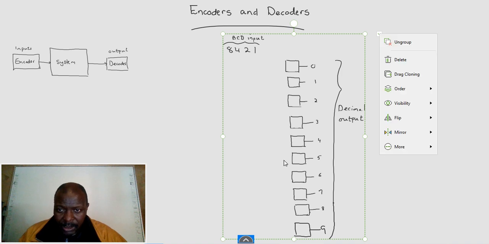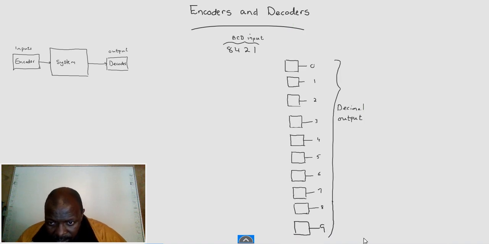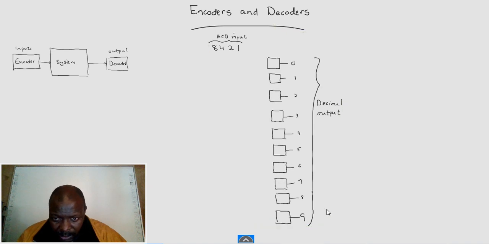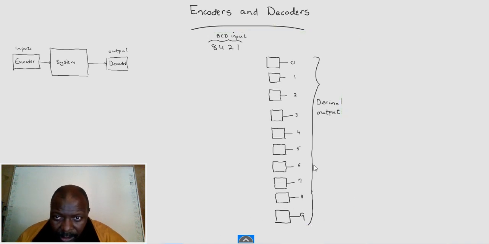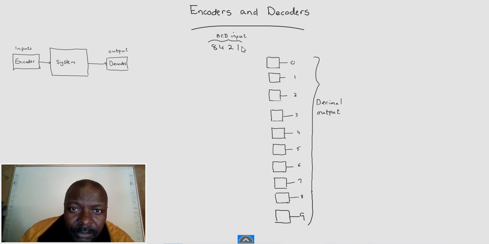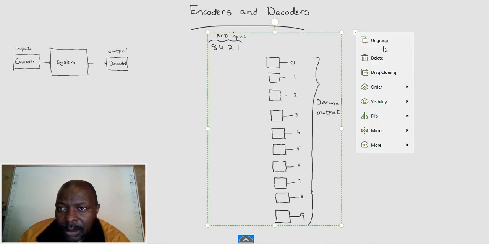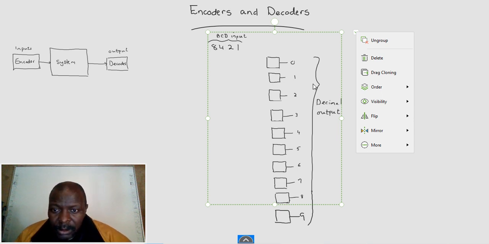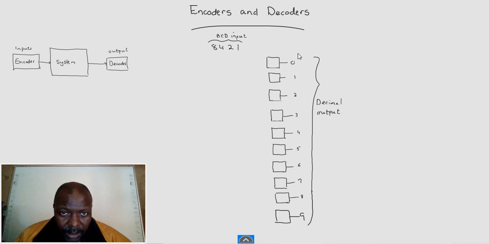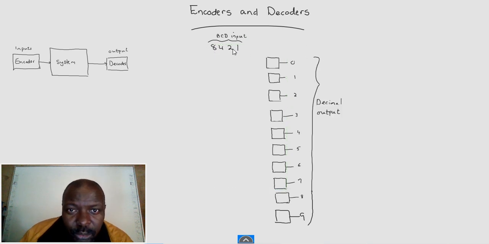Okay. Then I will come and say, ungroup. Let's see. Ungroup again. I want to be able to move. Yeah. Now that I'm able to move them, it means I can now do this and move only this.